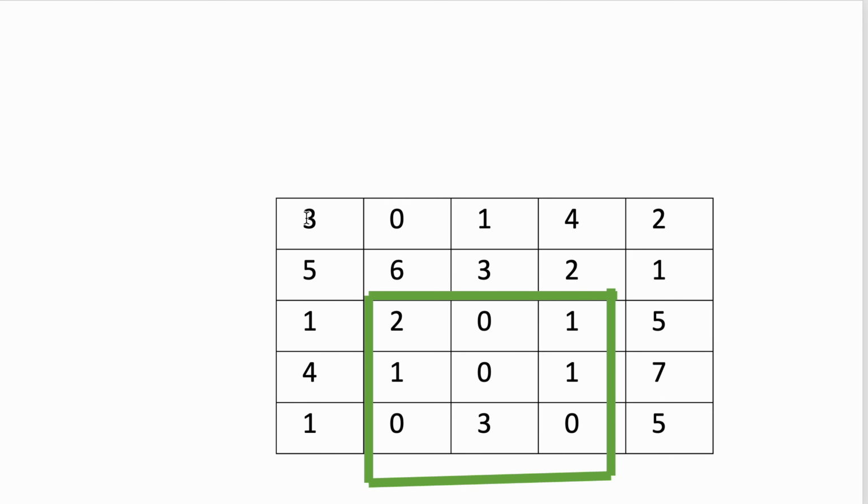It would be the sum of the submatrix formed starting from 0, 0. So the submatrix here would be 3, 0, 5, 6. So at cell 1, 1, the value would be 3 plus 0 plus 5 plus 6, which will be 14. So like this, I can calculate for the whole matrix.